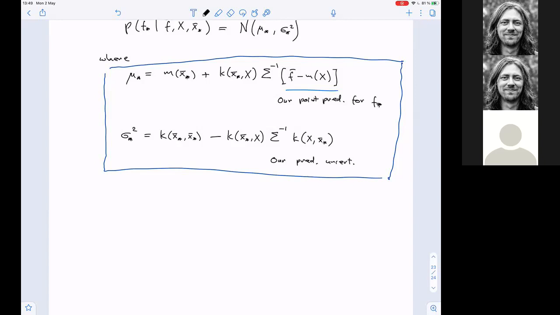And remember that n in this case was the number of data points. So this is the reason why, as we'll discuss in more detail, the naive implementation of GP regression scales badly with a high number of data points.